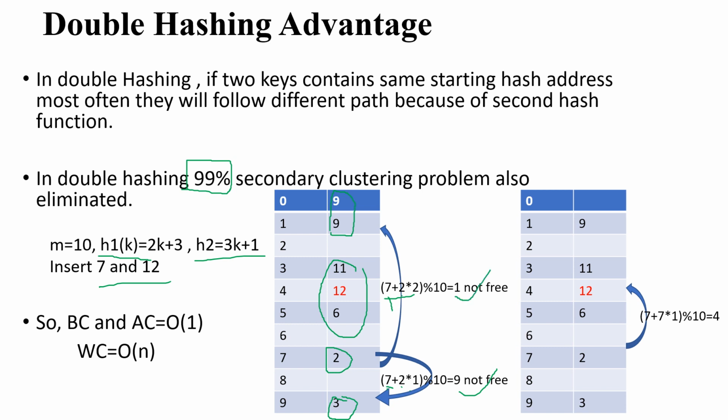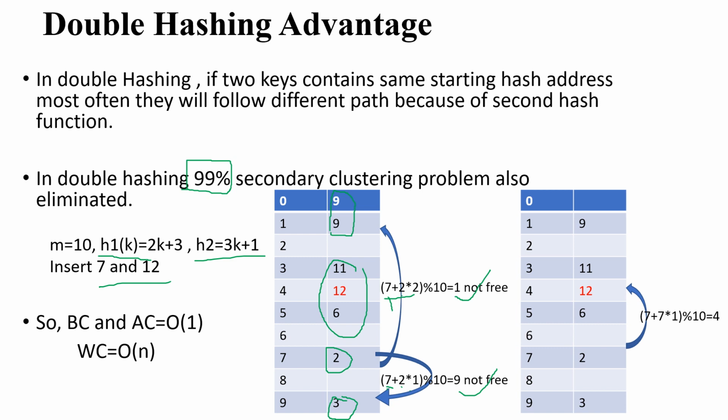Check whether 1 is free; it is also not free. Now increment i to 3, calculate the value, and check which index you get. Like that you follow the process, and you will see that this path is not matching. So this is for the 7.